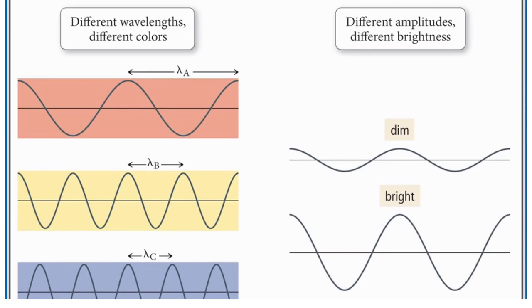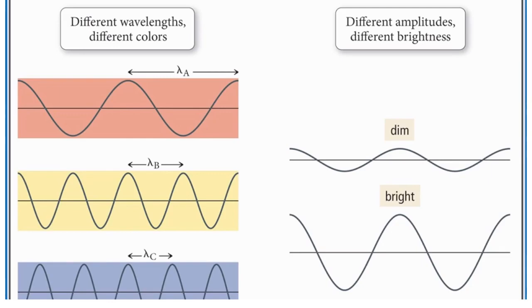If you look carefully, in the first wave lambda A, in the second wave lambda B, and in the third wave lambda C, these three different waves have different wavelengths. That is, the distance between two successive crests results in emitting light of different colors.